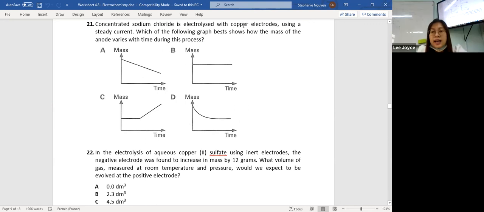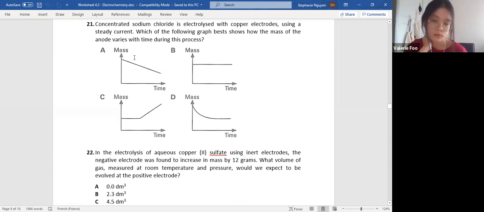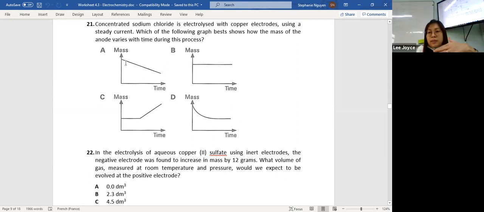It will be oxidized rather than the concentrated chloride being discharged. So therefore, you should see that the copper anode will get depleted and there will be a decrease in the mass over time. So that's why the graph shows a declining linear graph to represent the mass of the anode changing with time.